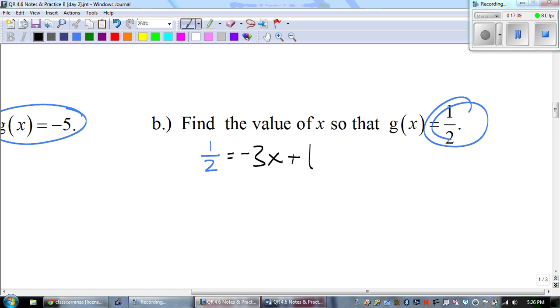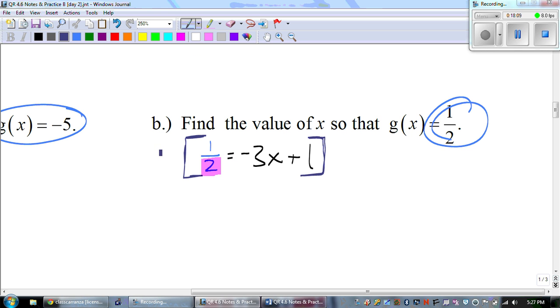How much do you guys like working with fractions? On a scale of 0 to 10, I'd say you like working with fractions about a 0. Remember, in chapter 3, we taught you how to get rid of fractions. You want to multiply by the lowest common denominator. Well, guess what, guys? It's a 2.